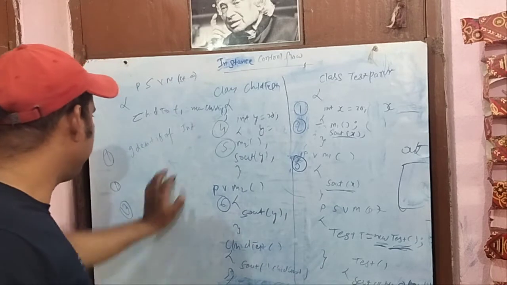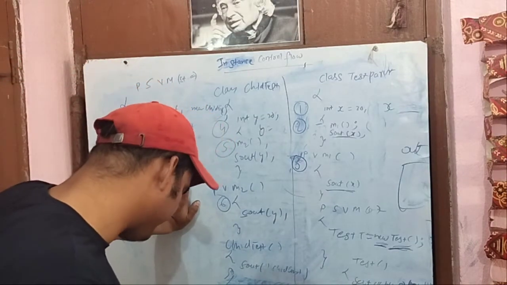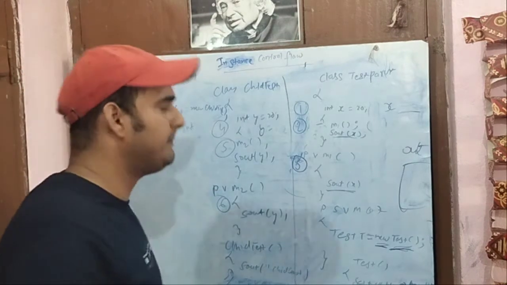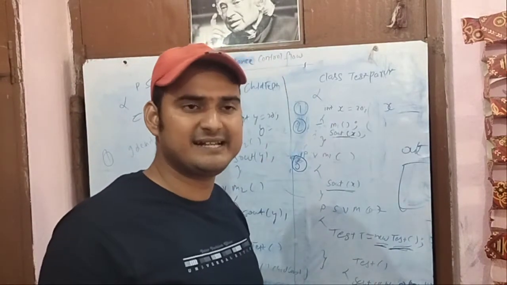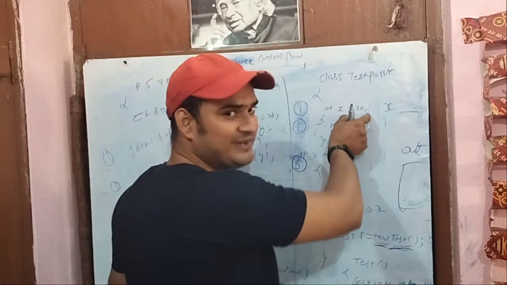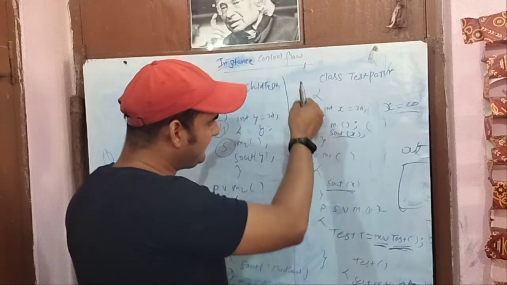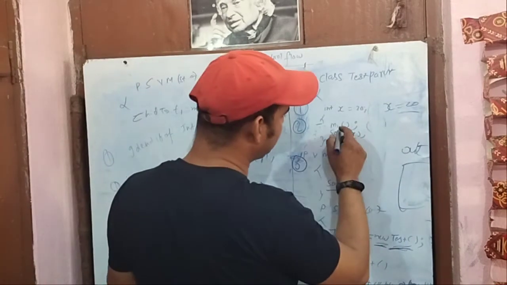Now in the second step, it will assign the values, but here the assignment will happen first of all for the parent class. If you see here, x is equal to 20 is there, so x will be assigned the value 20. After that, the second line is this instance block, so it will be executed, m1 is called.